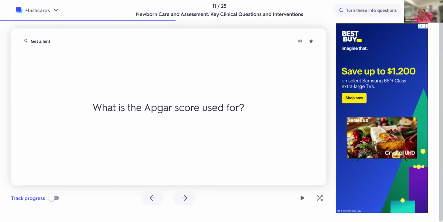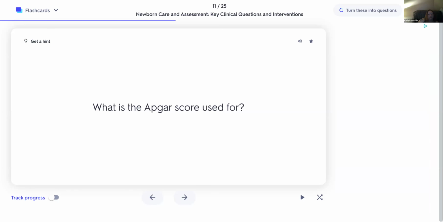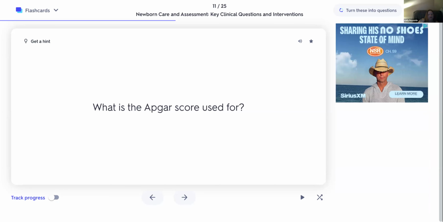All righty, APGAR score, go. What is it used for, and how many minutes after birth is it done? It's used for the baby, and I think it's the first 5 minutes, and then again at 10 minutes.